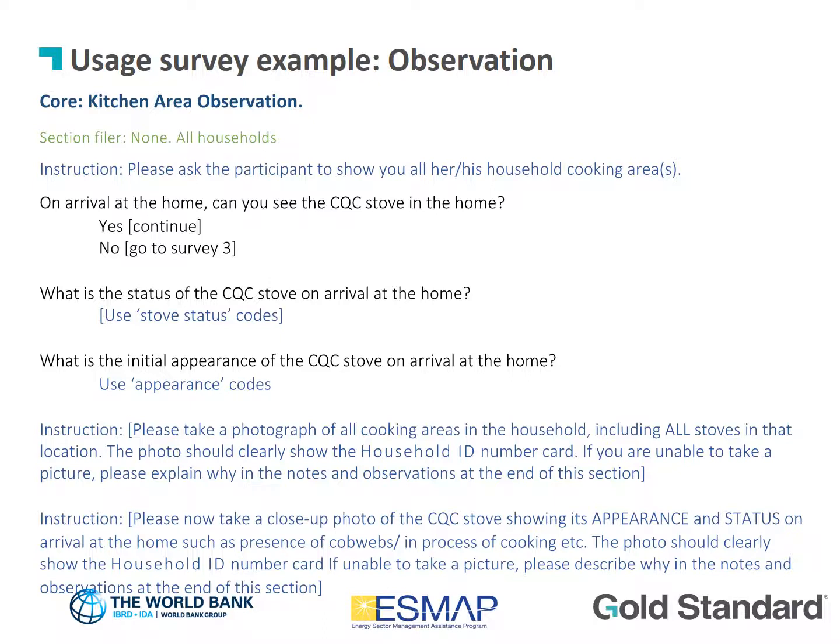They would ask the participant if he or she could show them the kitchen or cooking area, and then they would answer a series of questions, which you can see below, on whether they actually see the new technology and what the status of the new technology is upon their arrival in the home. This slide also shows that the field team should take photographs of the cooking area and the stove and really clearly identify the household ID in those photographs, which is an important reference tool.